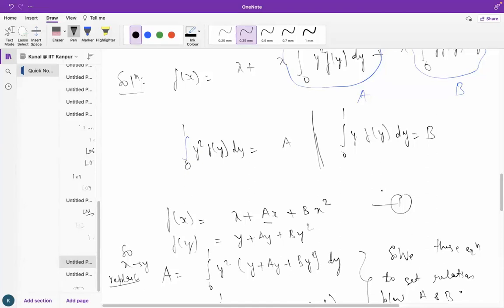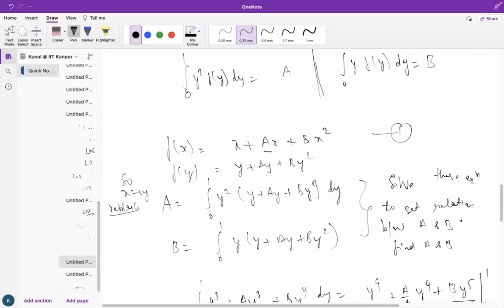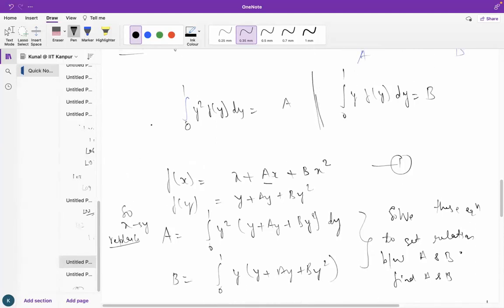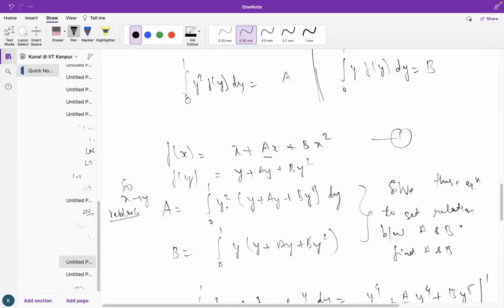I hope you all understand what I'm trying to say here. It will look like x tending to y. So our f of y is equal to something. Now what I'm doing here, I just write the a. So what is our a? Our a is nothing but the integral of y square f of y dy. So write it here, y square, and f of y is nothing but y plus ay plus by square.